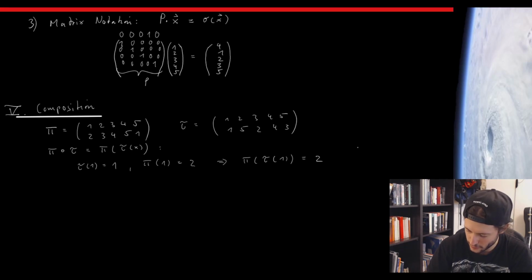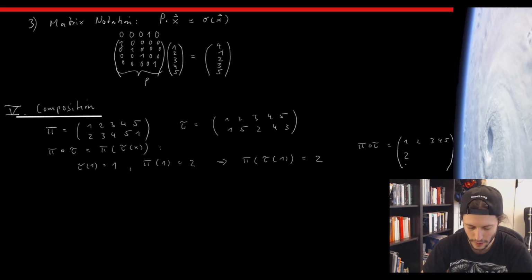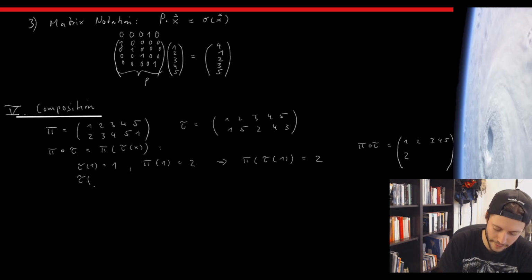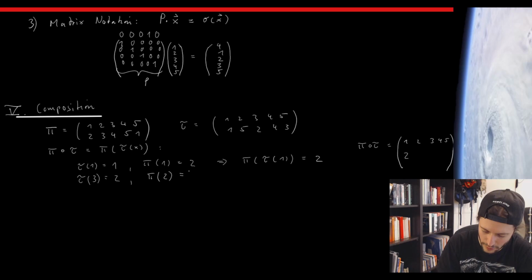So in a way, if we have pi after tau noted like this, we have to write down 2 over here. And the same goes for all other numbers. For example, the 3 becomes a 2, whereas pi maps a 2 to a 3.